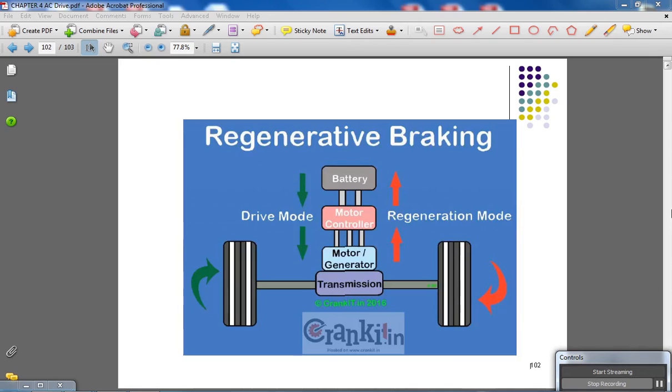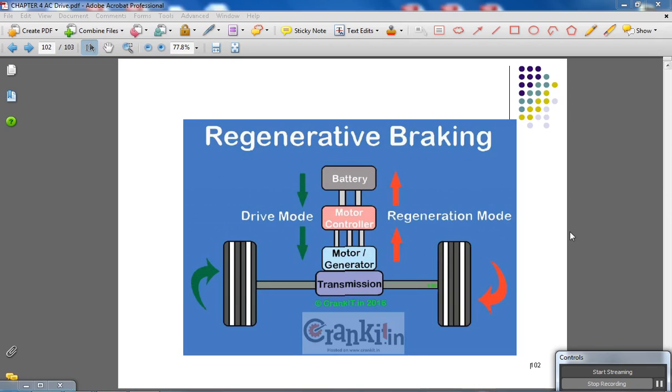This is the figure of the regenerative braking. You can see two different energy exchange paths, which show either the machine acting as a motor or as a generator.